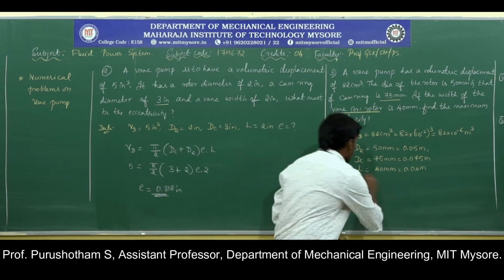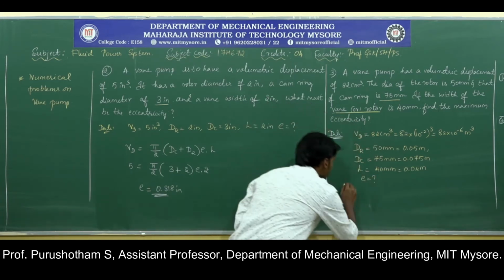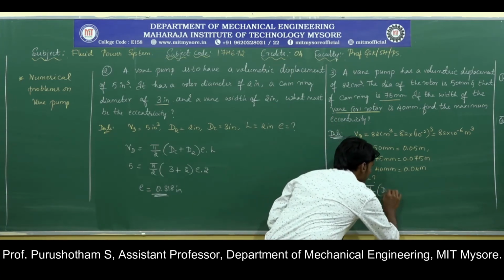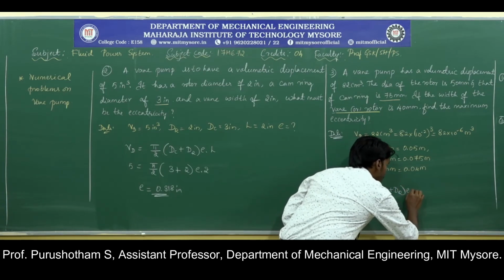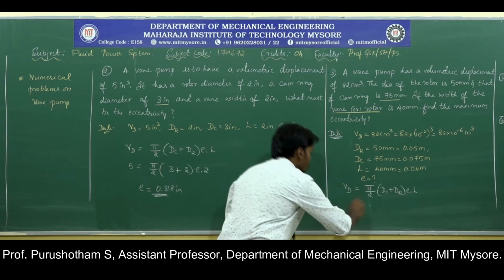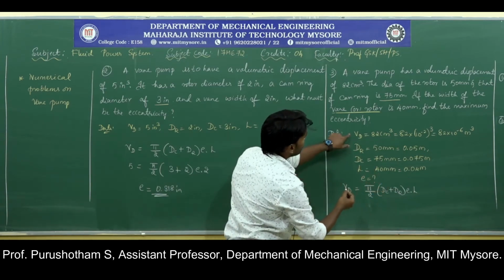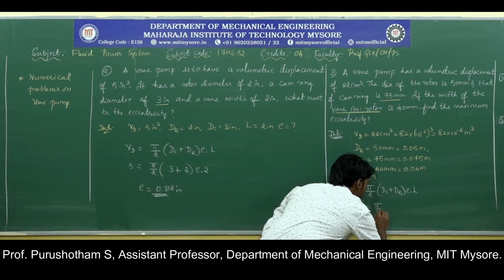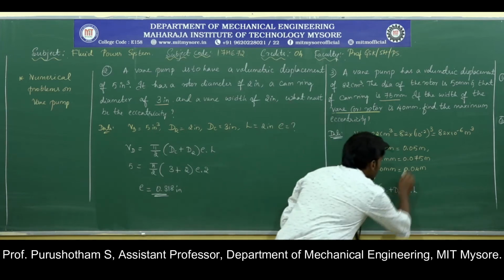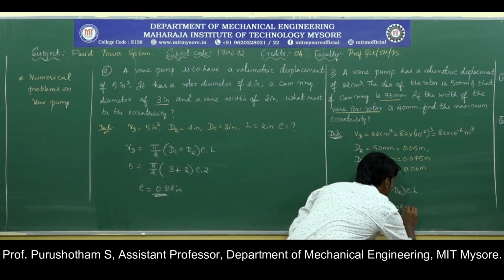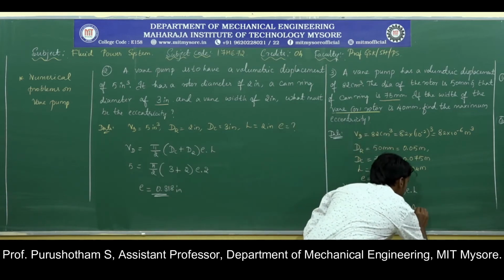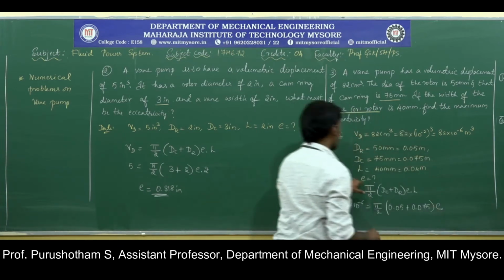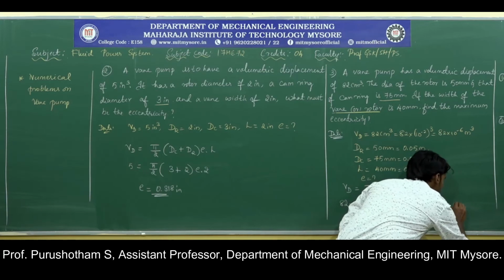So we need to find out the eccentricity. We know the basic equation: volumetric displacement is pi by 2 times (dc plus dr) into eccentricity into width. Substituting, Vd is 82 into 10 power minus 6, pi by 2, dc is 0.05, dr is 0.075, eccentricity is unknown, and L, the width of the vane, is 0.04.